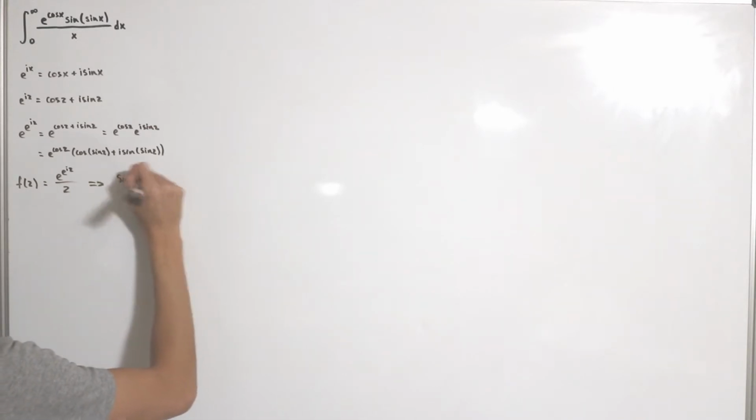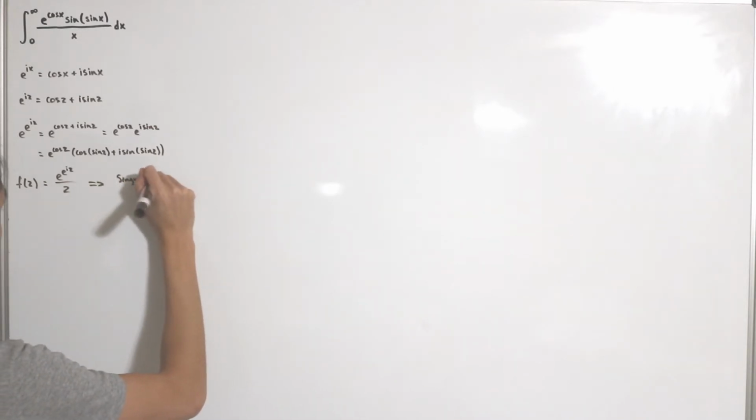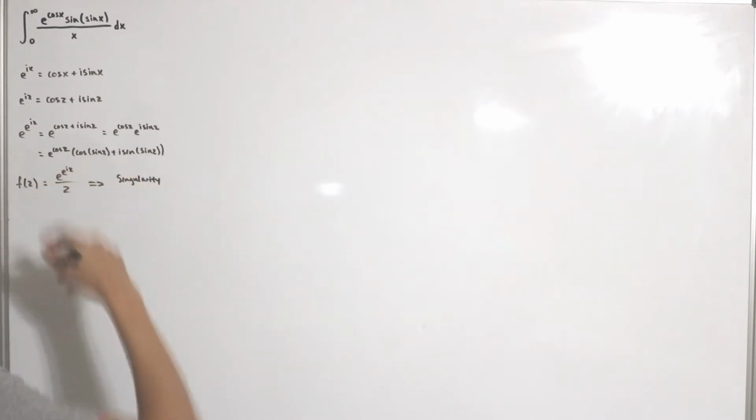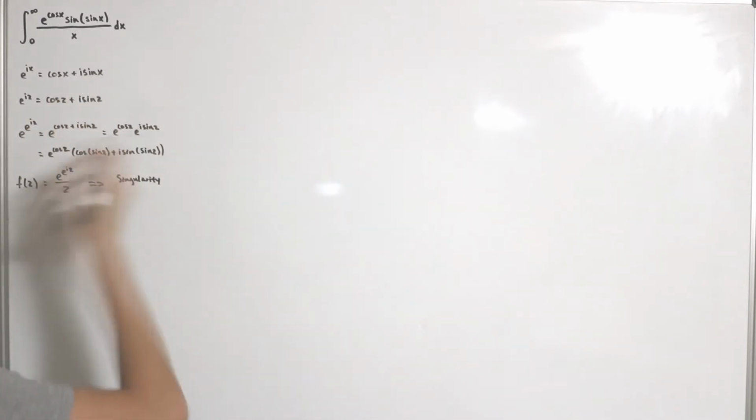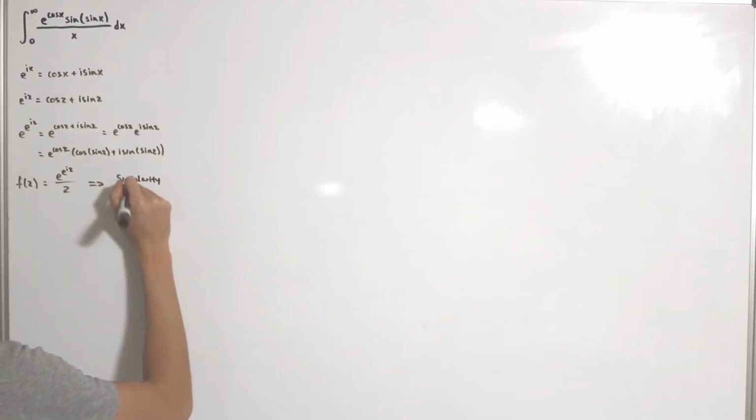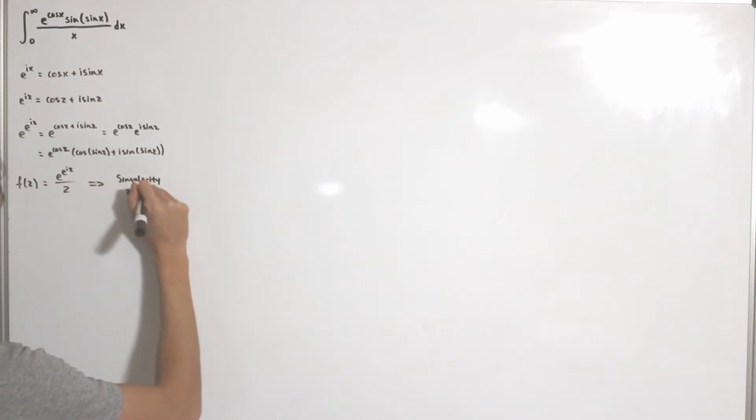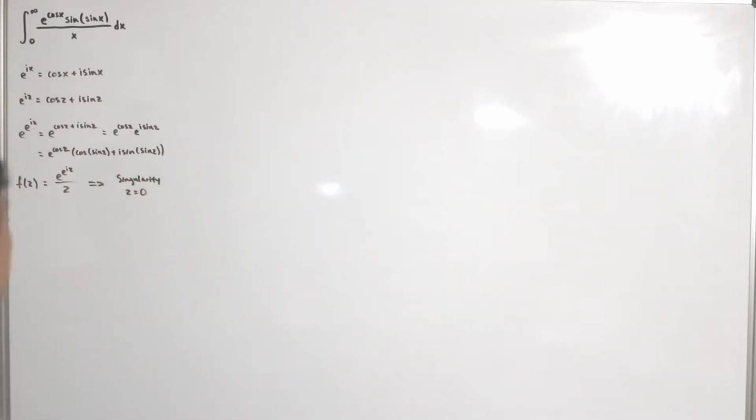You could think of this as being discontinuous at the point x equals 0 in the real values, but we're thinking in terms of complex values. So there's a singularity at z equals 0. In other words, f of z is analytic everywhere, so it's differentiable everywhere except at the point z equals 0.